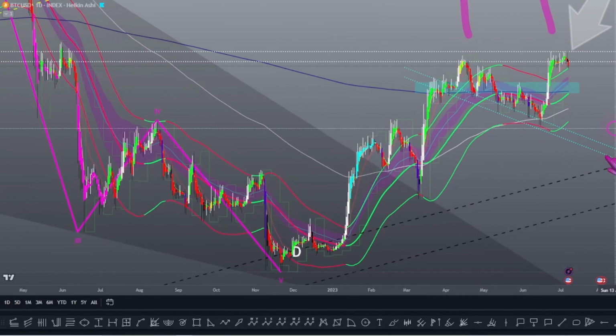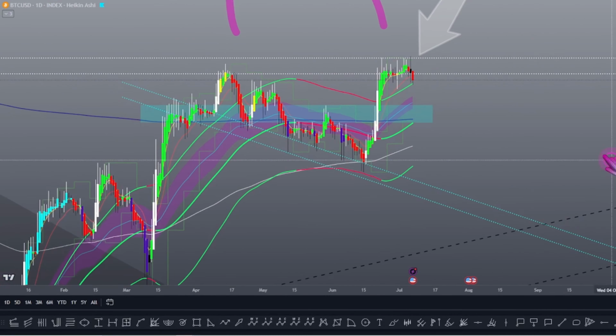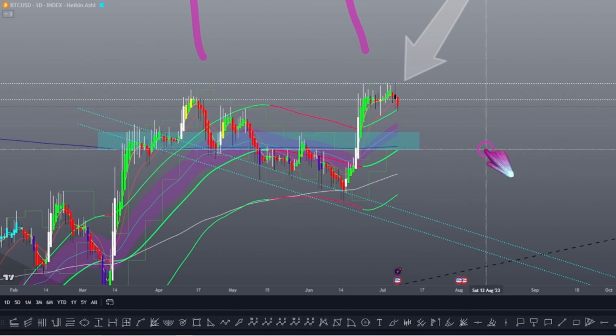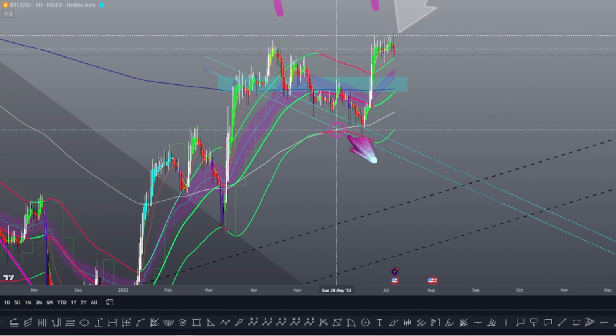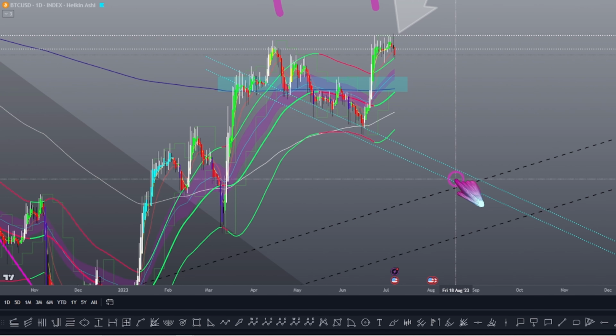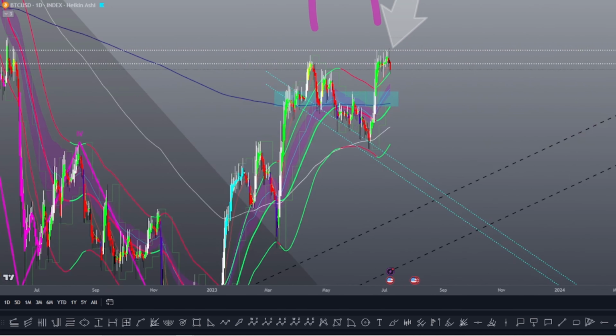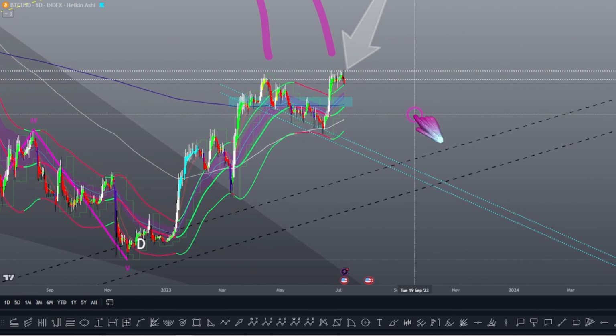If I zoom in here, factoring in everything else I've gone over, if we start to lose 27.5 thousand, we could head back down, considering this short-term support zone, this blue dotted one, to 23,000 or 22.5 thousand like I've been mentioning. That still definitely is a possibility.